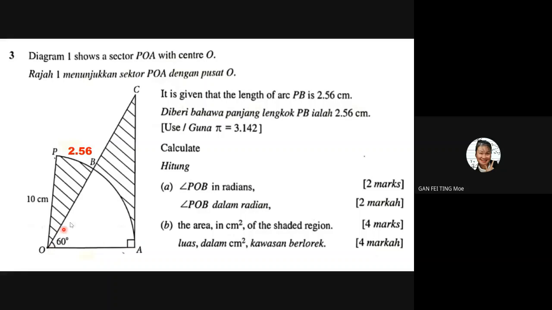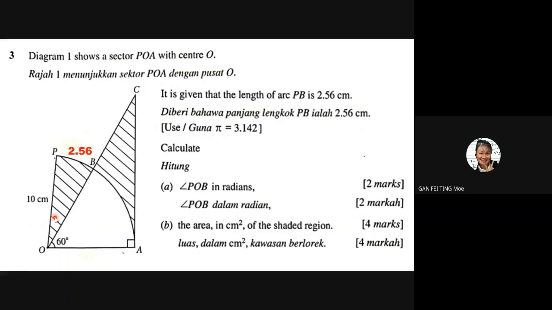So kamu kena fikirkan, adakah kamu mempunyai formula to look for this whole piece? Tak ada. Kalau tak ada, cuba you cerakinkan. Break into 2, 1 triangle and 1 sector. Okay, kita akan bincangkan yang ini kemudian. So this is how you rancang. You read, you understand the question, then you plan.